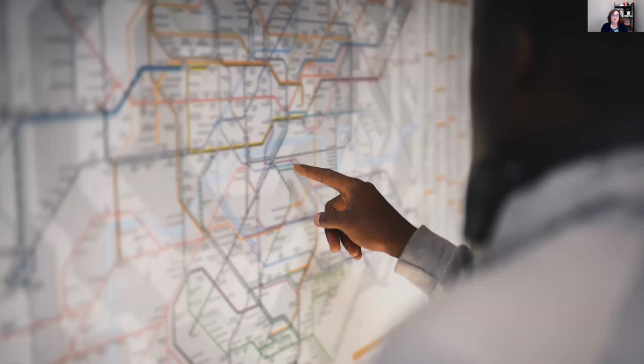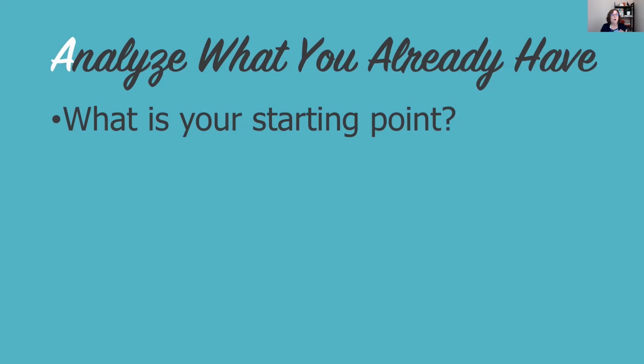It's the same with our research. How do we know what we need to do if we really don't have that good starting point? It really is like trying to give someone directions if you don't know what that starting point is. So think about in your research, what is your starting point?